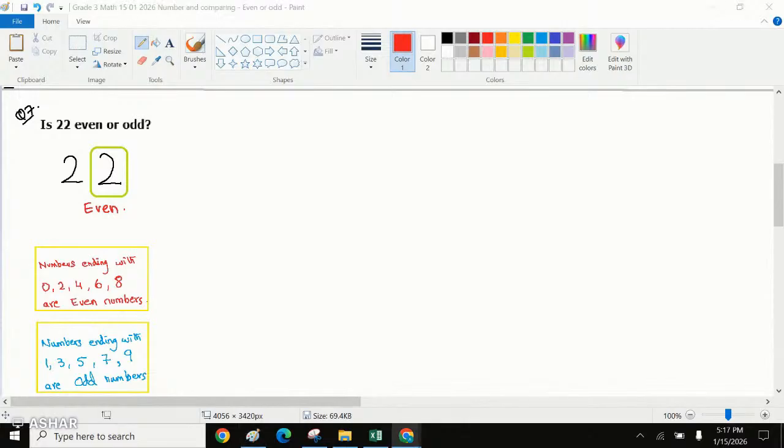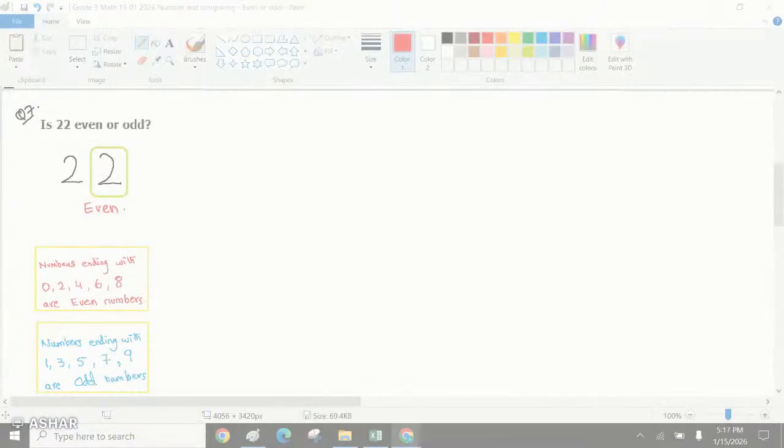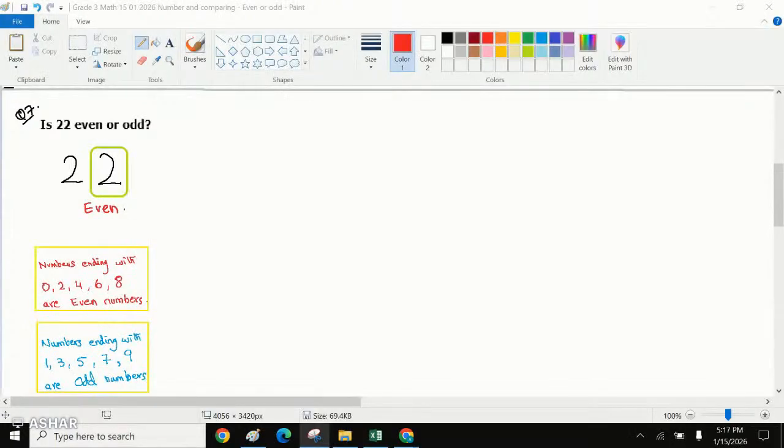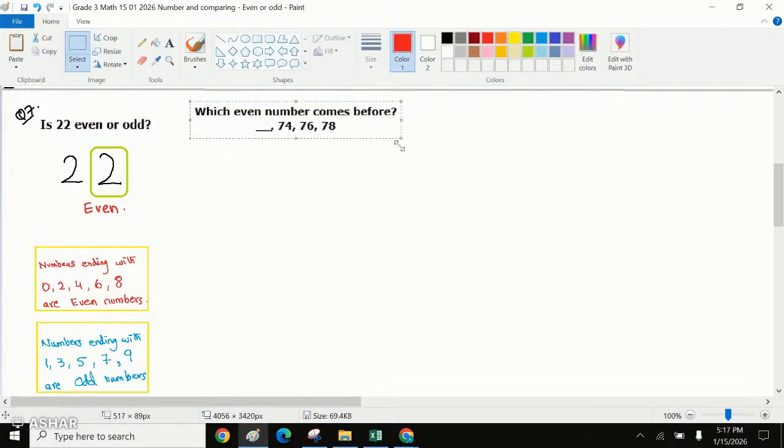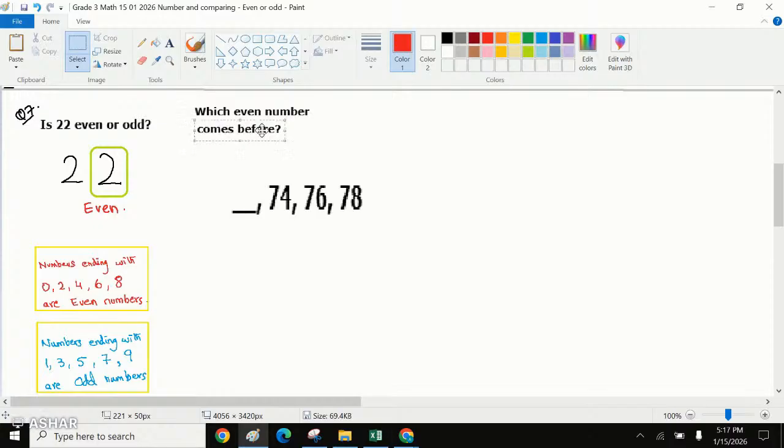Okay, they changed the pattern of the question again. Which even number comes before these numbers? So what they're saying in the next question is, which even number comes before 74? So which even number should be there?